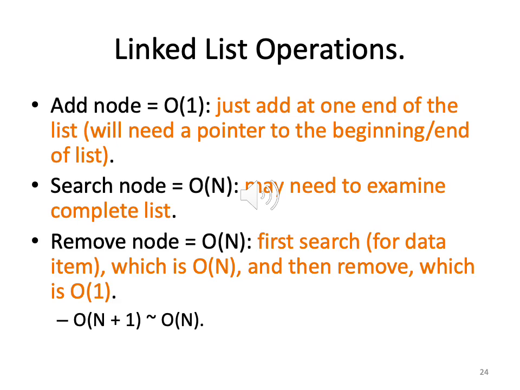Now the way the add node operation will happen is, we know that at all times we have a pointer which points to the head node of the linked list. First we'll reserve memory using malloc for the new node that we want to add, and malloc will return a pointer to that.